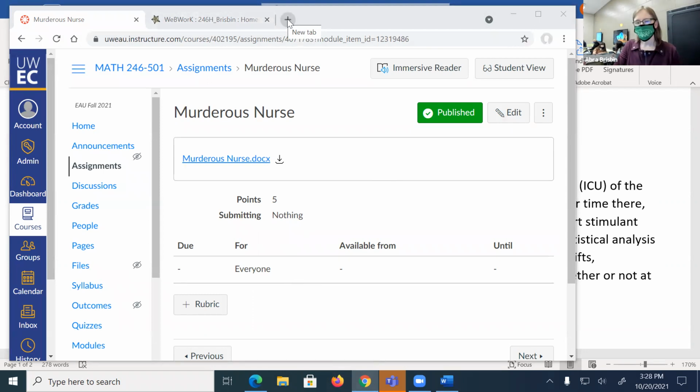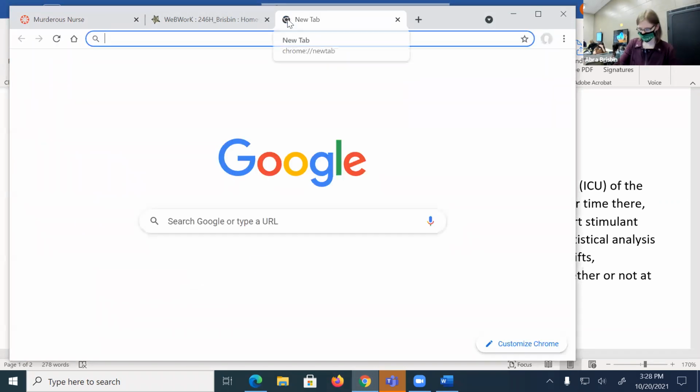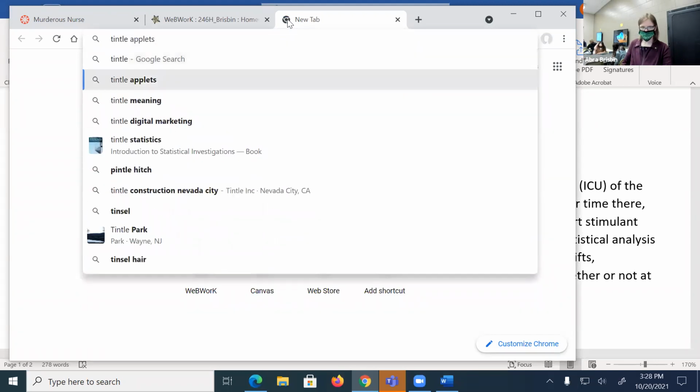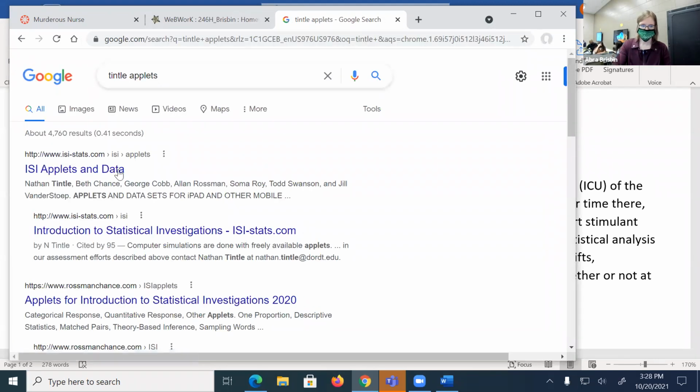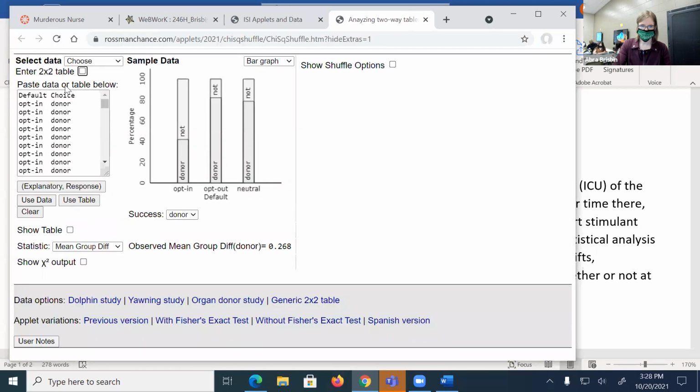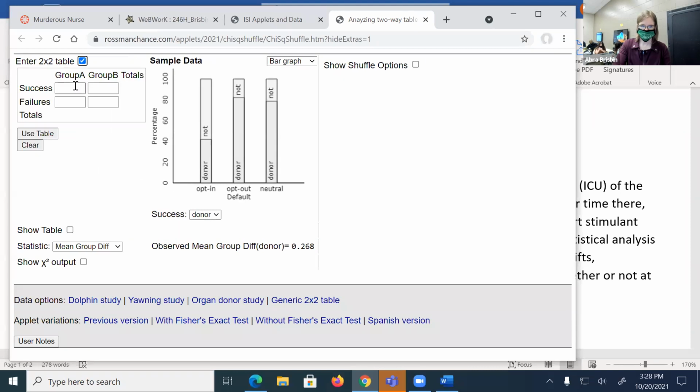Okay, yep, so you can clear out that data and put in the nursing data. The first one is her working, and the other one is her not working. The alternative is her working minus the control.